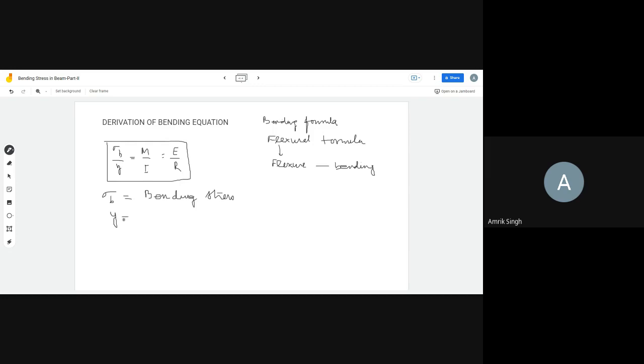Y is the distance from the neutral axis, that is NA, to the fiber where stress is calculated. Right? Now M is the bending moment.